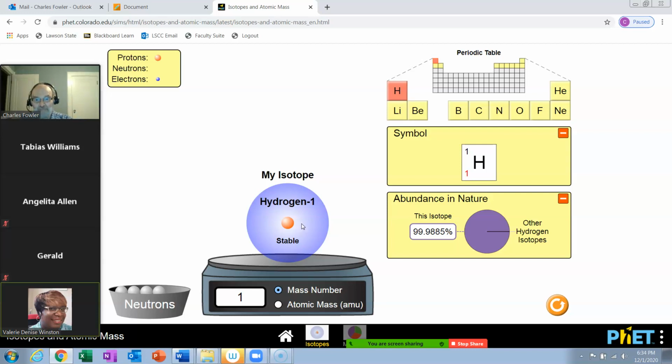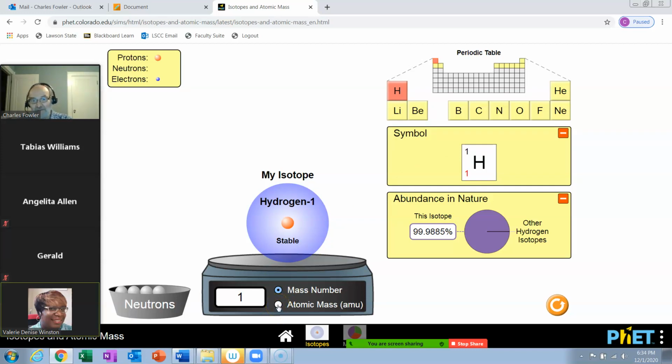Is it stable? Yes, it is. We don't see that yet, but we'll see it when it's not. What's the mass number? 1. And what is the atomic mass?